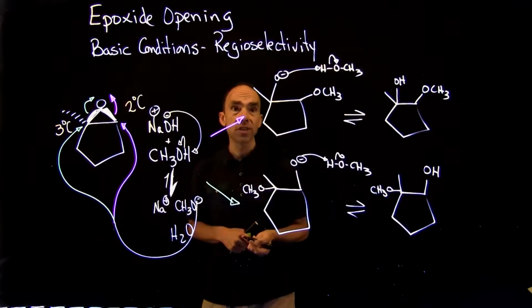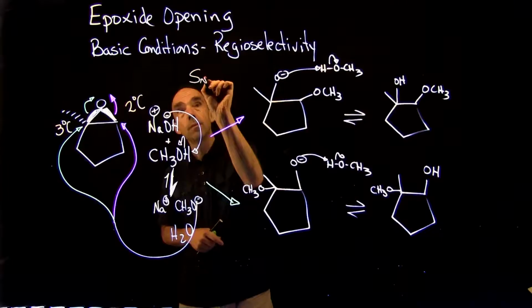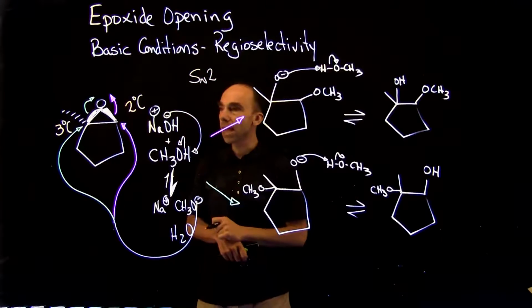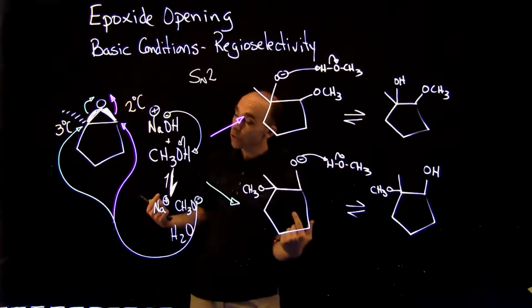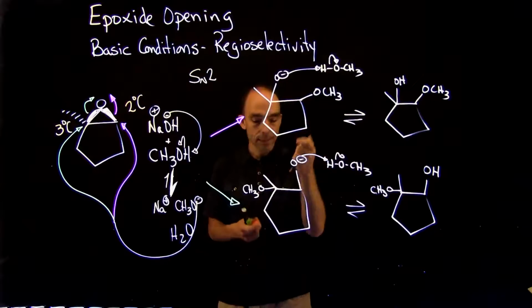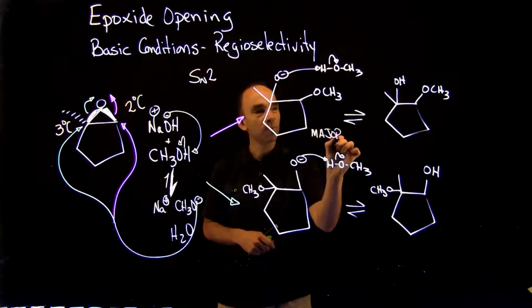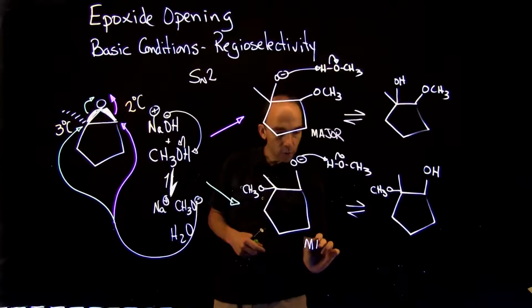This is something you should have seen in Organic 1 in the form of a typical SN2 reaction. So that means that the major intermediate will be the intermediate where the methoxide adds here. That is this intermediate. I'll write major. And the other one will be a minor intermediate.